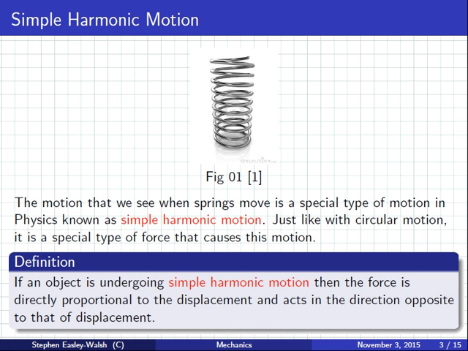If the spring is going up, the force is going down. And the bigger the displacement, the more force is pulling it down. So when the spring is up really high, the force down is really big. And it's going down. Of course, the force is not going up, because if the force were going up, then the spring would keep getting bigger. Okay? So this is simple harmonic motion.